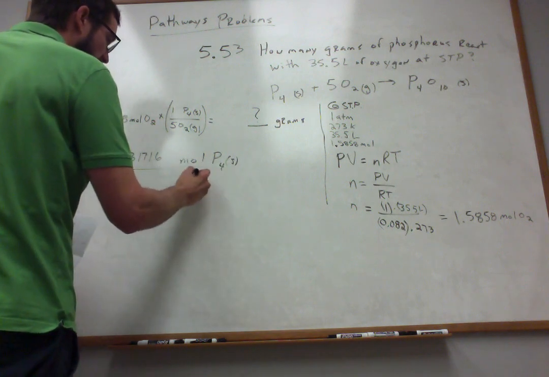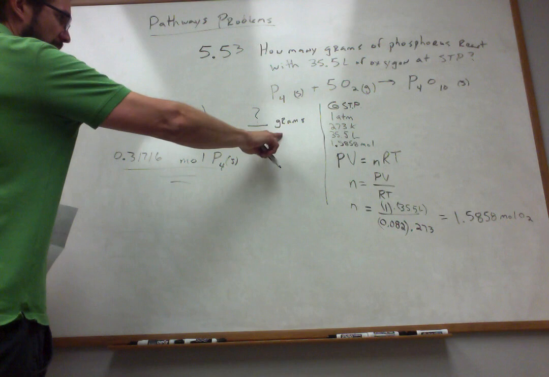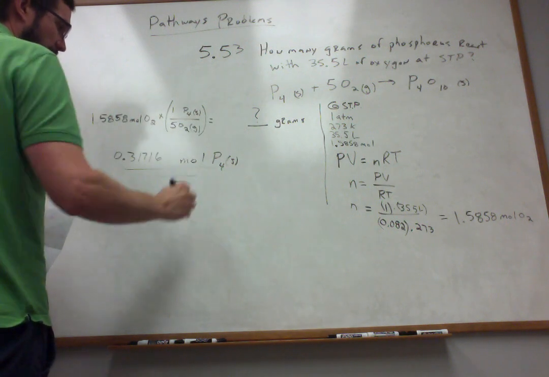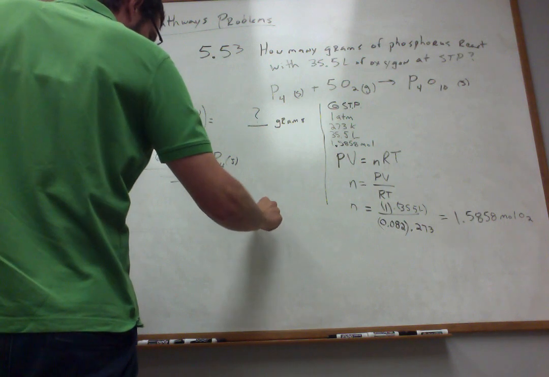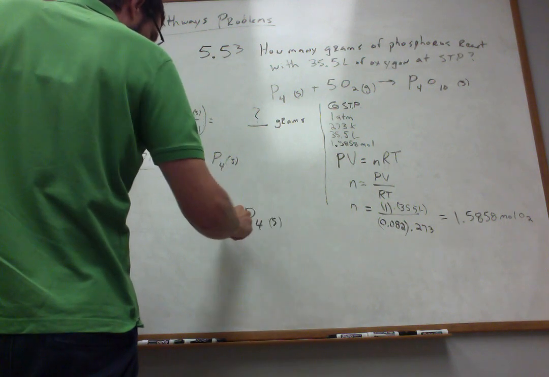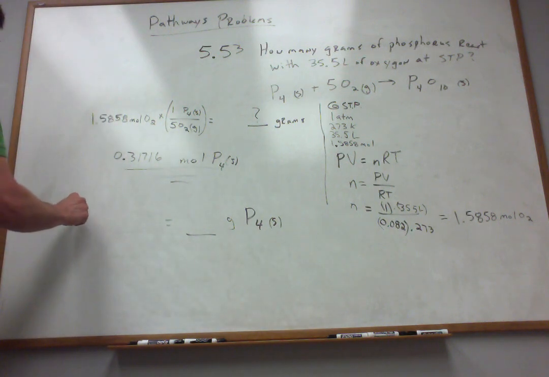So this tells me an amount of phosphorus that I need. Now, the thing is that the question wants me to answer in grams. So I only have to do one more step here. I only need to convert my moles of P4 into grams.